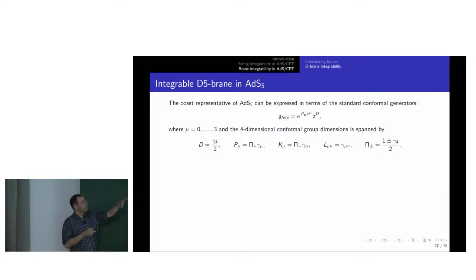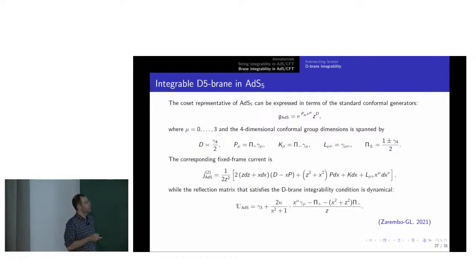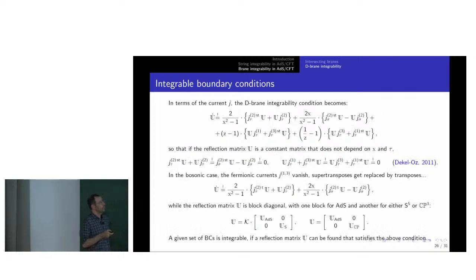So let me go to the details. We know the coset element of AdS5, which is this one, and the P's, D's and K's are just the conformal generators in 4 dimensions. One can use this to get the current, plug the current into this integrability condition, and then search for a reflection matrix.